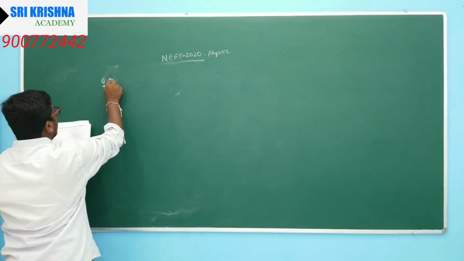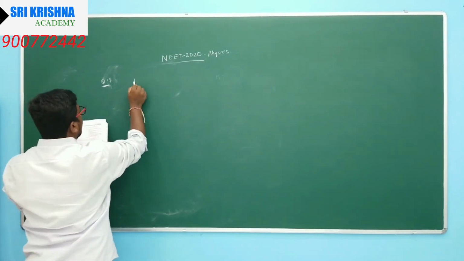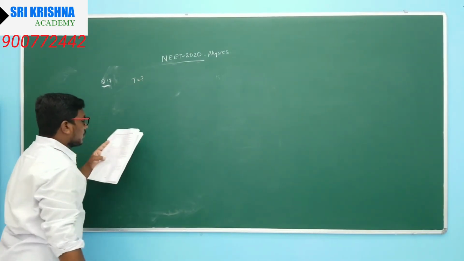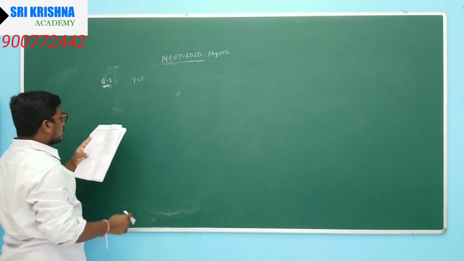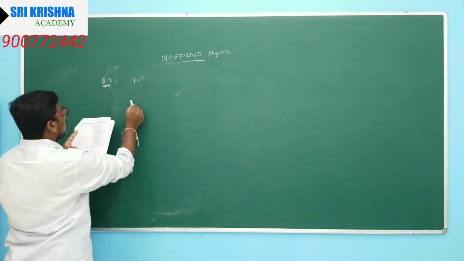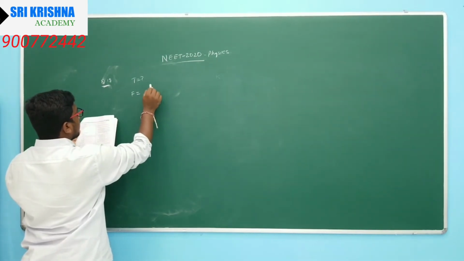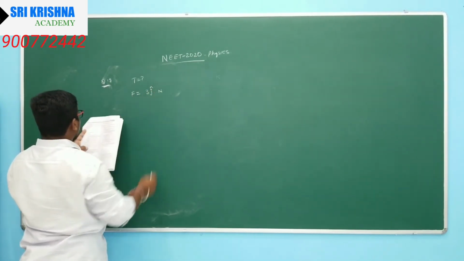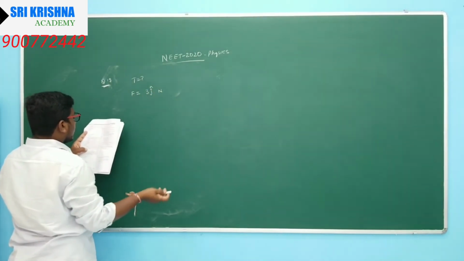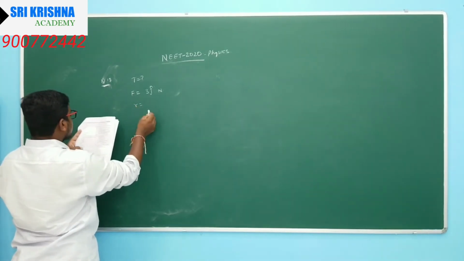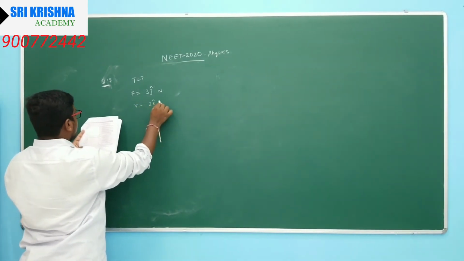Find the torque about the origin when a force of 3 j cap newtons acts on a particle whose position vector r is given as 2 k cap meters.